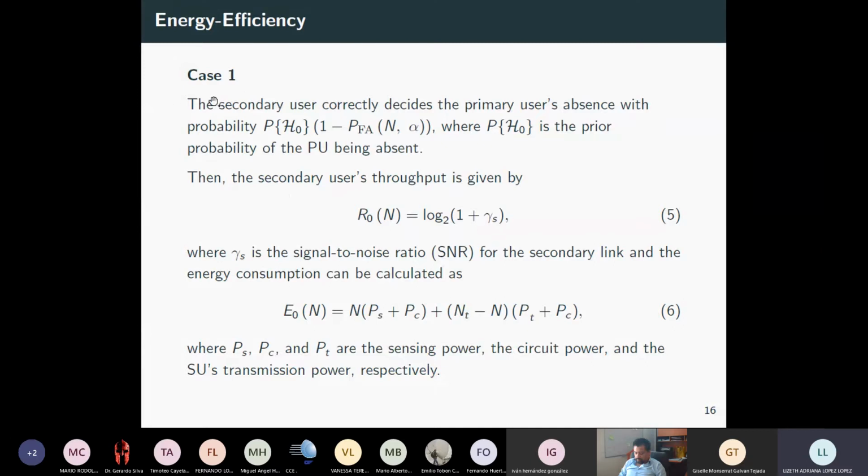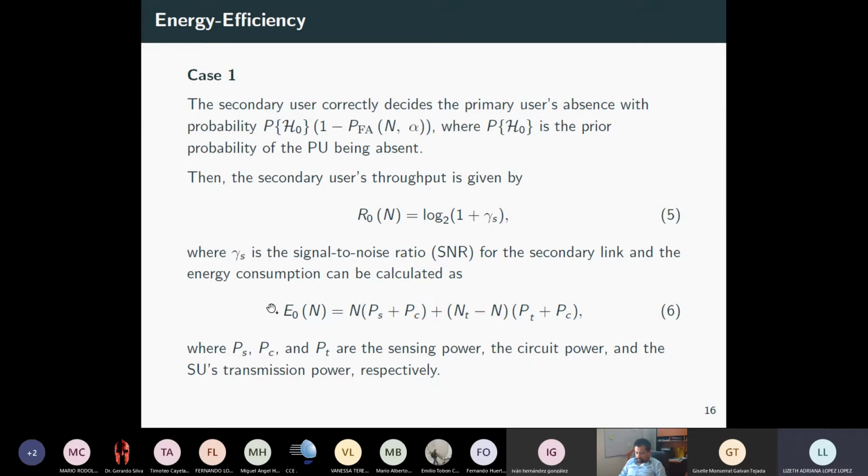So for case 1, we have the probability given by this, where this is the prior probability of the primary user being absent, and then since the secondary user is allowed to transmit data, the throughput is given by equation 5, where this is the SNR of the secondary user's link.